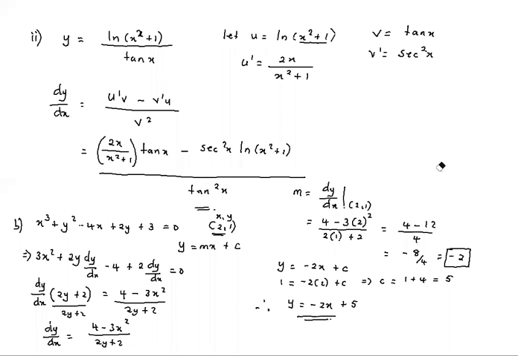C. Find the stationary points for the function f(x) is equal to x plus 9 over x.